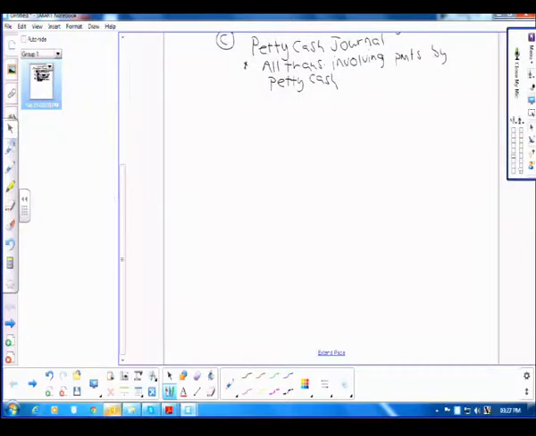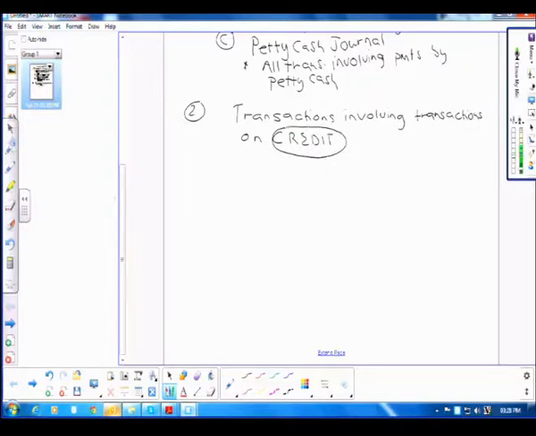The second category is transactions on credit. You see the difference between the first and the second category. Here we're talking credit. If anything involves cash, it can't come in this category.